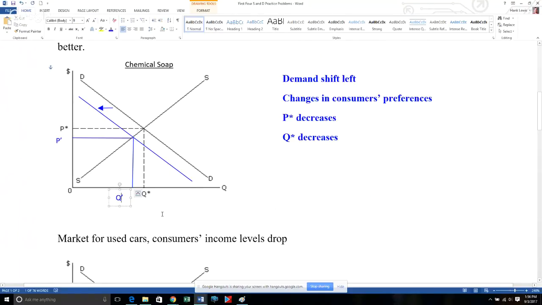Okay, Q prime. And so the new equilibrium quantity is the left of the old one here. I'll put my new shifter arrows in place while I'm at it. Folks, these shifter arrows that are following the axes are to help y'all see the increase or decrease in the equilibrium price and quantity. That's what those are about. Those are to help you see the change.